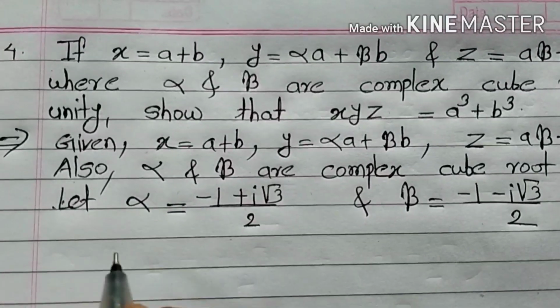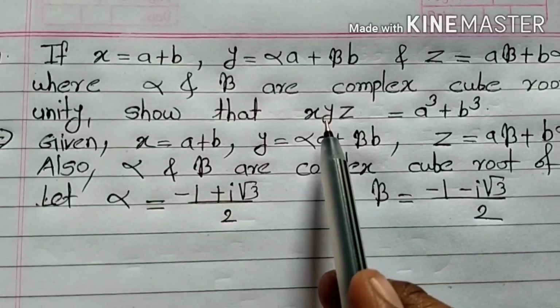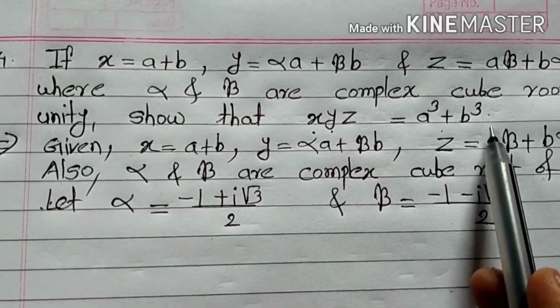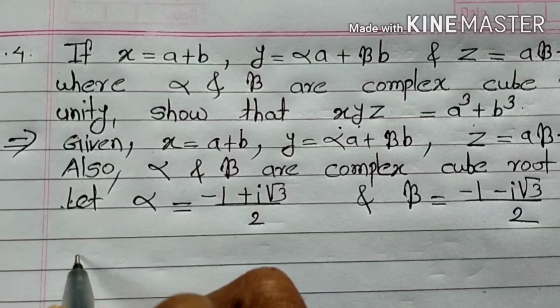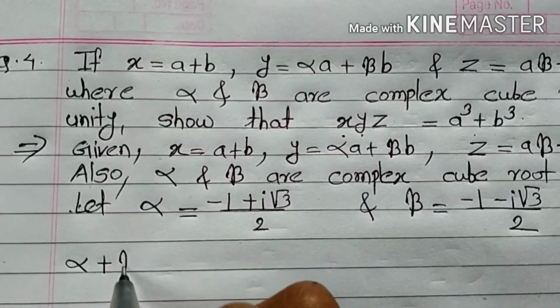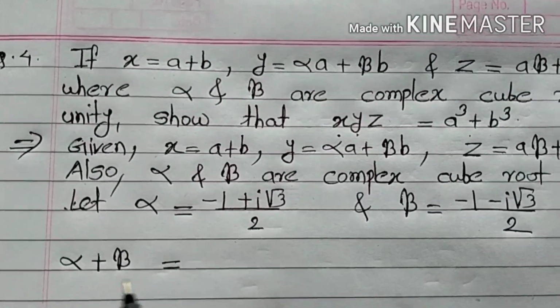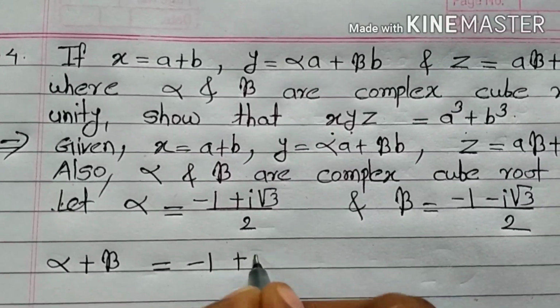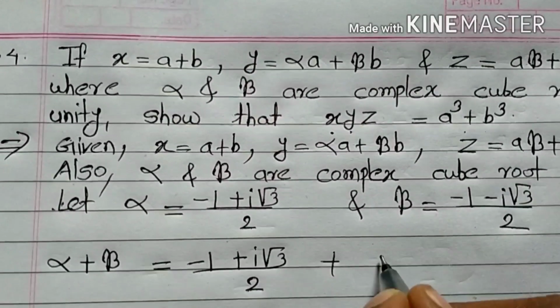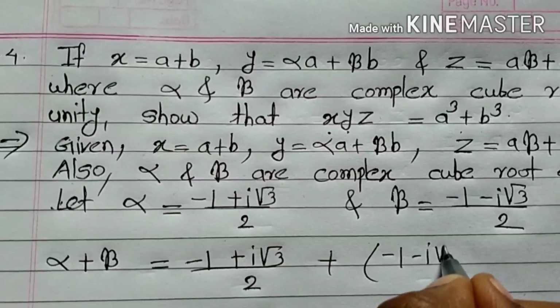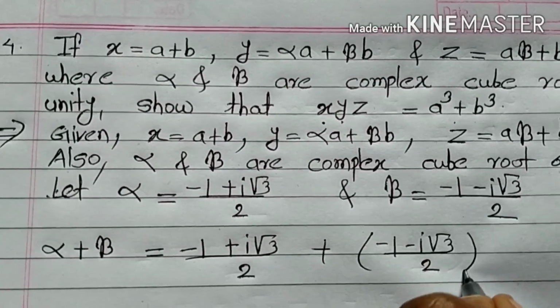So for the proof that xyz is equal to a cube plus b cube, we have to take the addition of these complex roots. So alpha plus beta is equal to minus 1 plus i root 3 upon 2 plus minus 1 minus i root 3 upon 2.